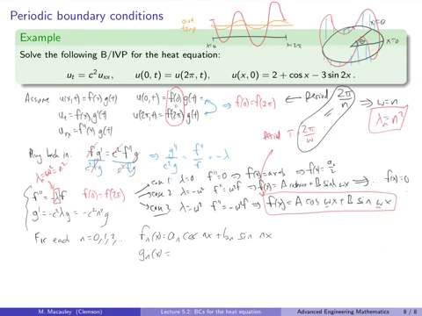So g_n of t is e to the negative c squared n squared t. And I'm leaving the a and the b both in here and not putting a c here. And that doesn't matter. They're going to get absorbed.